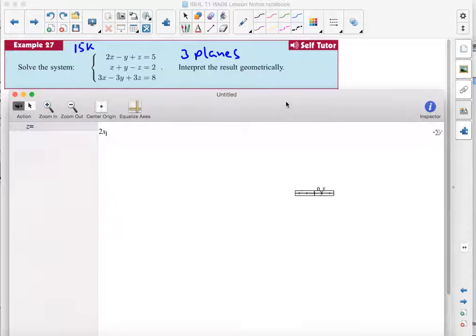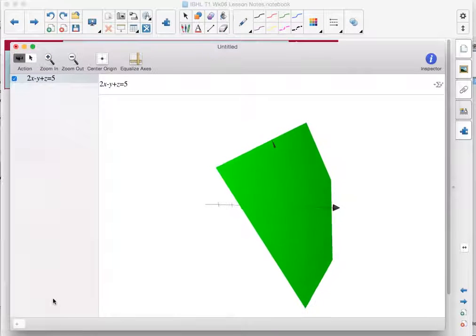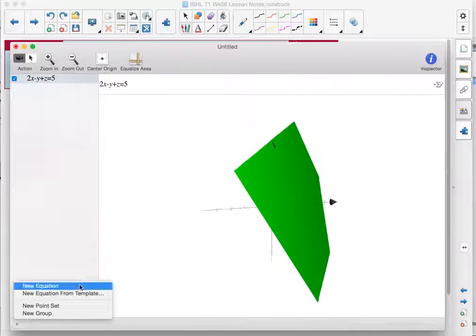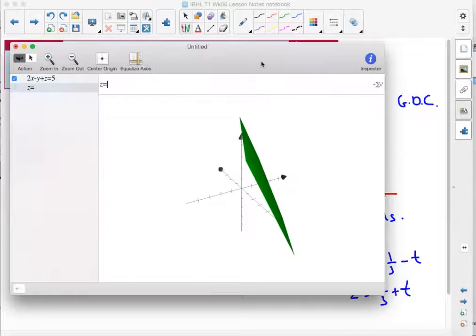2x take y plus z equals 5. There's one plane, and I will need to put in another one, make it a little bit smaller. You can see what we're doing.